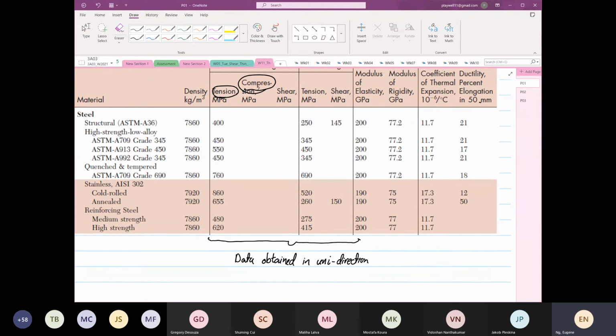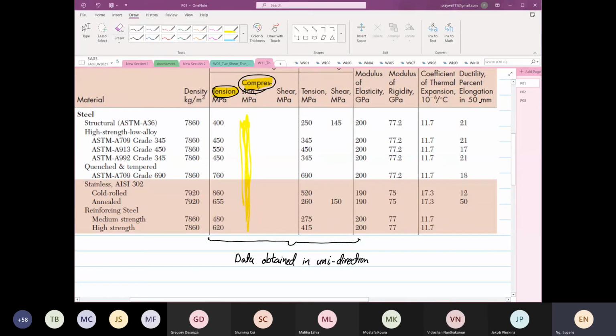So some of you might ask, Eugene, what are you trying to drive at over here? What I'm going to emphasize is the critical component of Mohr circle. Why do we need Mohr circle? Let's watch over here. If you look at any of these handbooks, the tests are carried out in one direction, tension or compression.